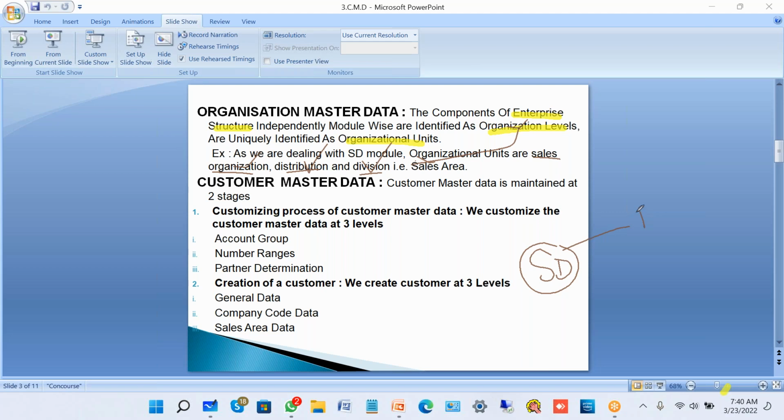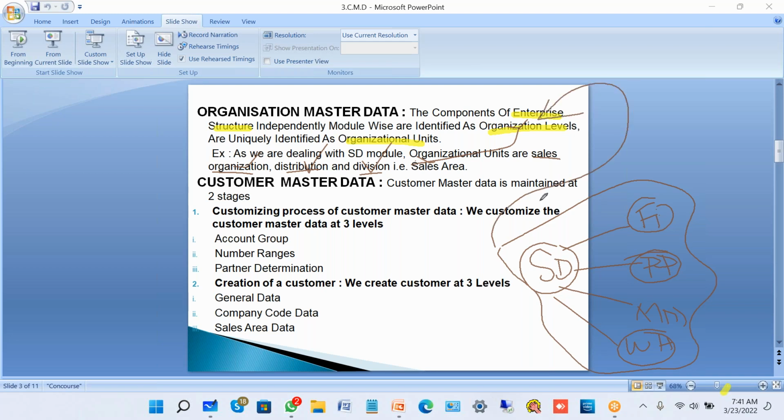Along with these, you are coming up with finance organization levels. Along with this, you also learn how to customize the production related areas, inventory related areas, warehouse related areas. So when I put SD with FI, SD with production, SD with MM, SD with WM, it is the complete infrastructure of the company, that is enterprise structure, the entrepreneur's business infrastructure.